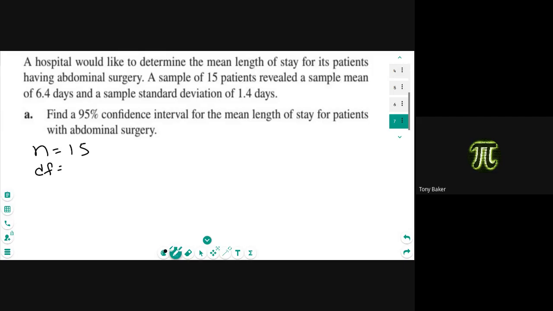The mean. What else? The sample standard deviation, right? So that's 1.4. And what confidence interval am I doing? 95%. Okay. Good.